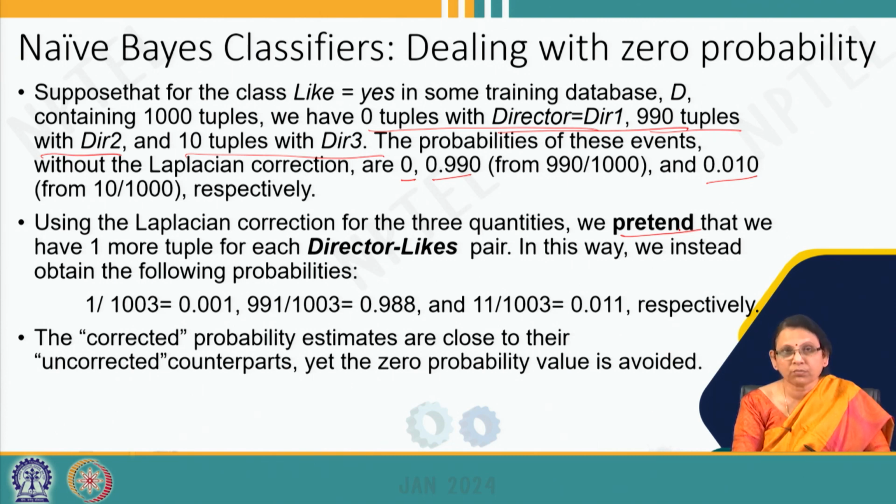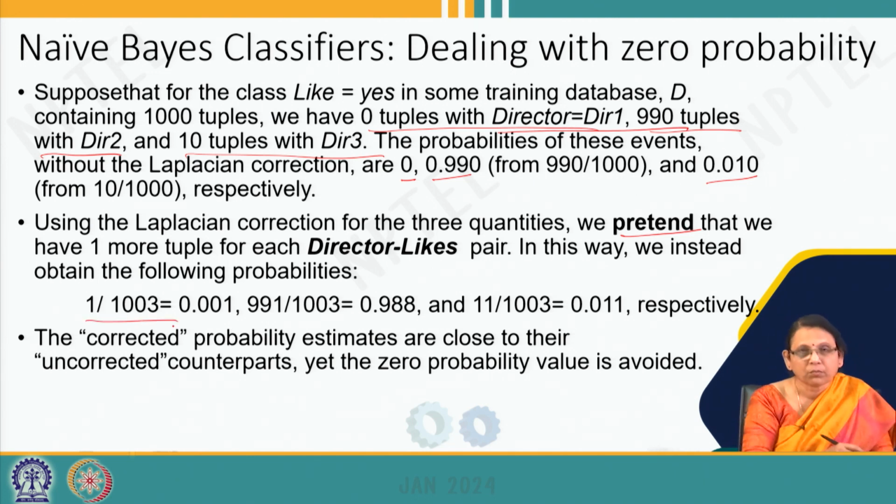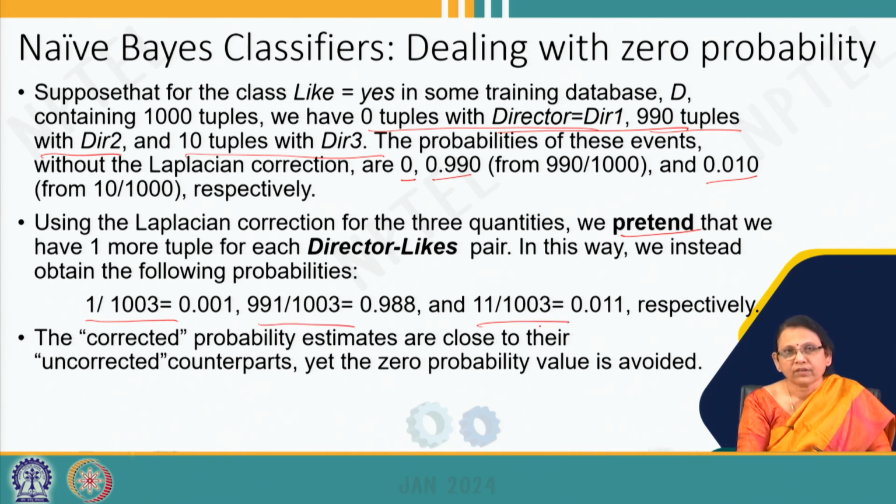Now because we have assumed that there is a tuple for director 1, the probability for director 1 is now 1 upon 1003. So also for director 2 and director 3. So even if there is no evidence, because of our assumption, we have given equal importance to all the 3 directors. Accordingly we have added one record in the name of director 1, 2 and 3 respectively.